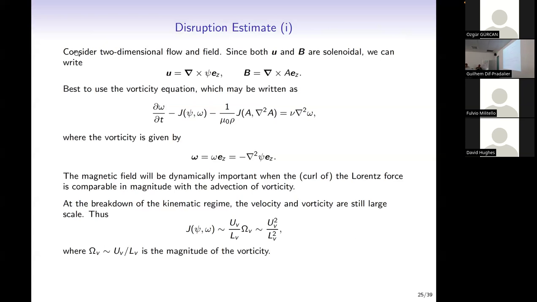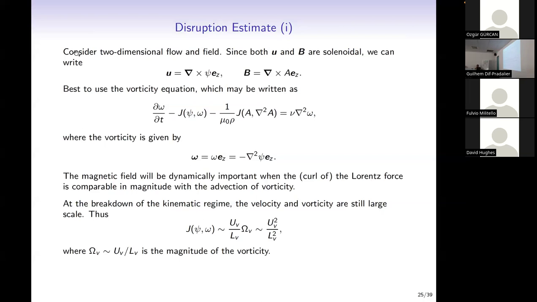We're going to balance the advection of vorticity with the Lorentz force, as a sort of delimiting line between kinematic and dynamic behavior. So the advection of vorticity, that's all large-scale stuff. It's a large-scale flow, a large-scale vorticity on a large scale. These are all large-scale quantities. This Jacobian here is that.